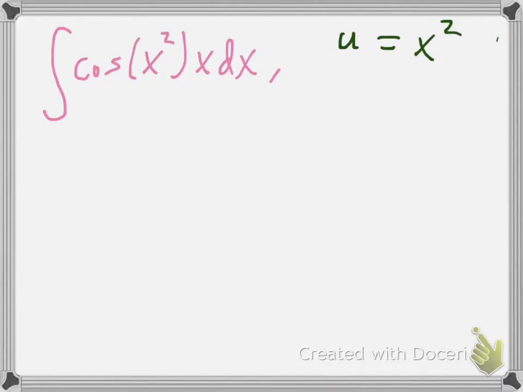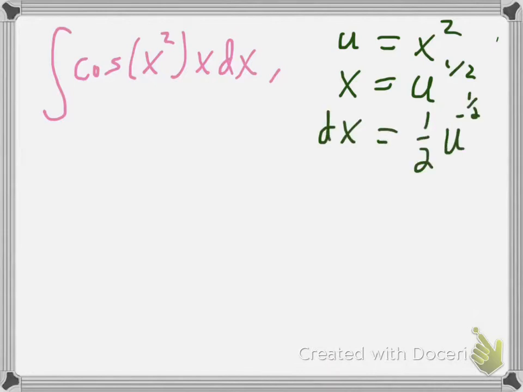So when you write u equals x squared, then that means x is equal to u to the 1/2 power. And then you can go ahead and take the derivative. So if x equals u to the 1/2, then dx, that's the derivative of x, is 1/2 u to the negative 1/2 power. I'm using the power rule here, but now don't forget by the chain rule, you have to multiply by the derivative inside.